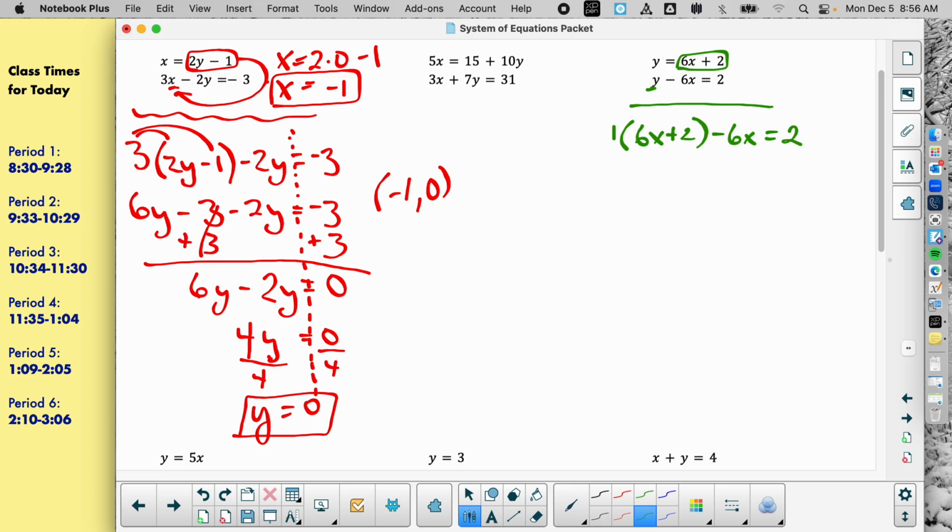This will work if you don't put the 1 as well. But I'm gonna guess you put that there because you like to multiply it out each time? Sure. So if you put a 1 in the front, it works. If you left off the 1, it still works. Okay, so if I multiply out this 1, or just take off the parentheses, I get 6x plus 2 minus 6x equals 2. And I bet some of you minus 2 next.